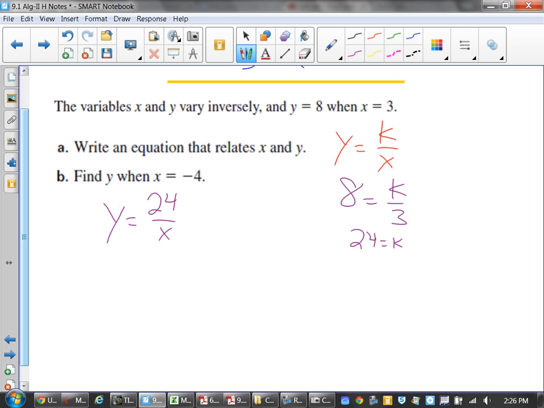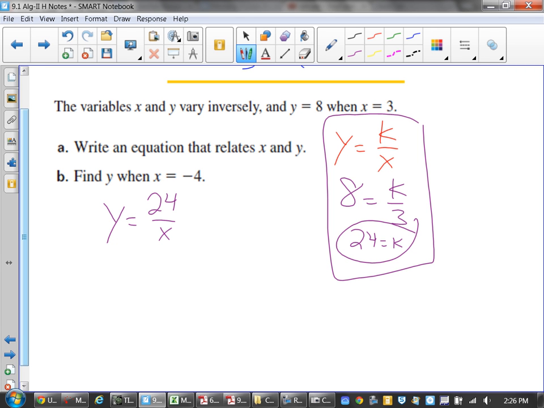Are we okay with how we set up the generic equation given two variables? When you use that generic equation that you come up with, once you solve for k, you rewrite it as the rule. This is your rule, y equals 24 over x.